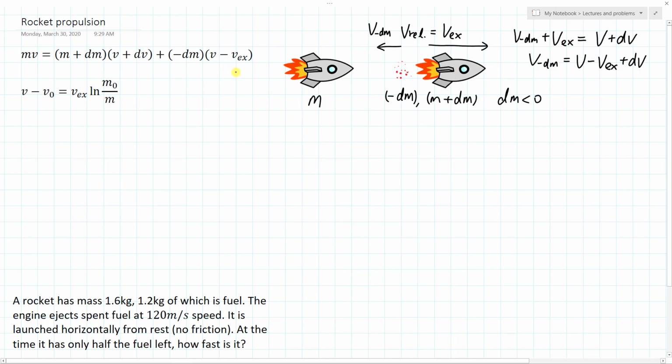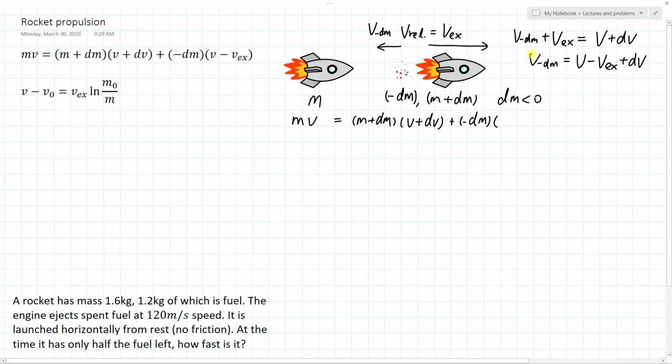So let's use that. For momentum conservation, I'll write the expression below the diagram. mv, that's before, and after is m plus dm. This is the new mass of the rocket, slightly less than its original mass. Then v plus dv, that's the new velocity, plus this negative dm, which is a positive quantity of mass.